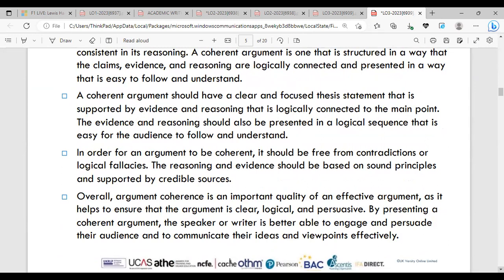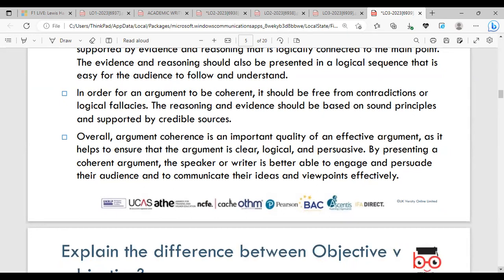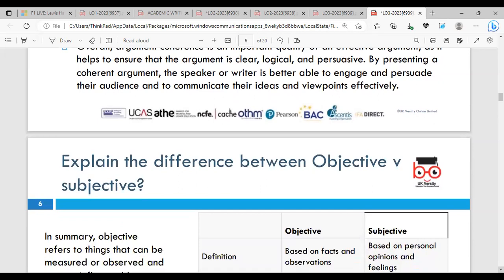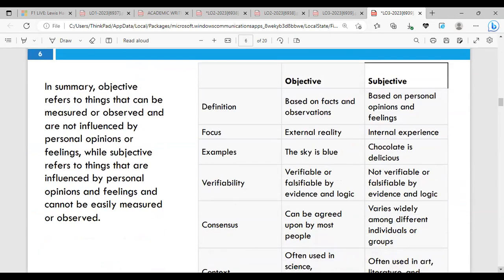It needs to be relevant. In order for an argument to be coherent, it should be free of contradictions and logical. So, reasoning and evidence. Argument coherence is important. A quality and effective argument helps to ensure the argument is clear, logical and persuasive by presenting coherent points.